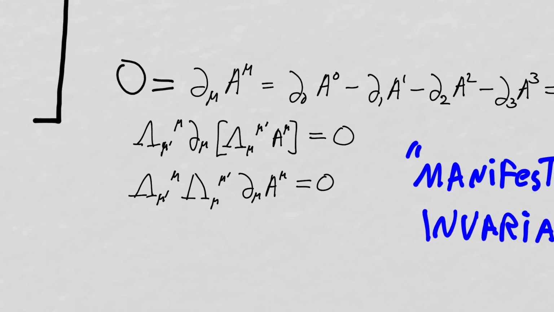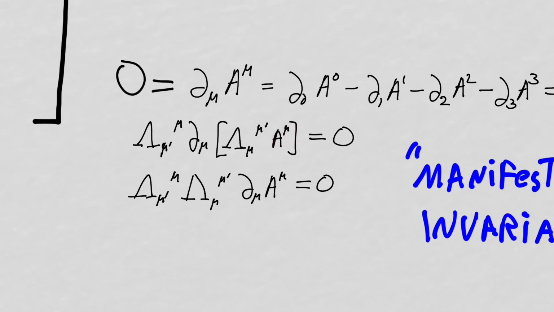And if you really wanted to go in there, I could take A mu and transform it with a Lorentz transformation, and I could take this partial mu, that's a space-time index, and transform that with a Lorentz transformation too. And this becomes A prime, and this becomes partial mu prime, and partial mu prime A mu prime equals 0.